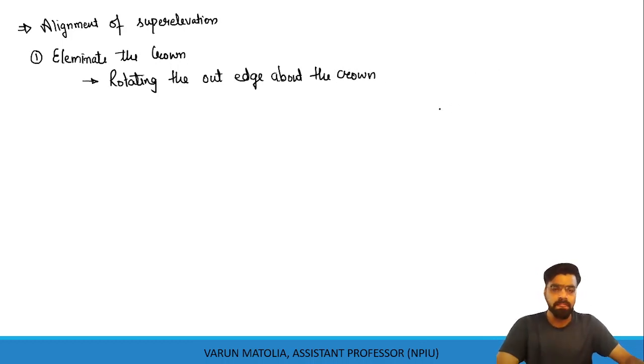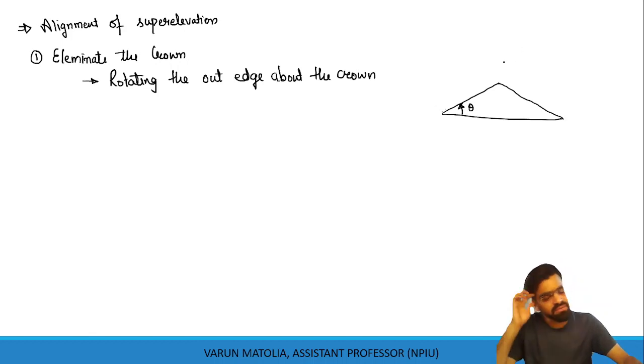How? If this is my road, this is the pavement, and this is some angle theta. I need to provide a higher slope, and that too over the complete pavement, because we have seen the value of camber. The camber is at max 3% or 4% for earthen roads.